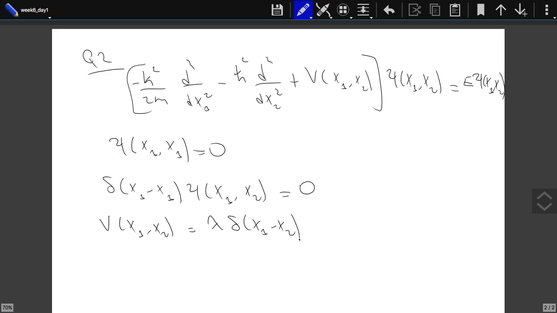This is a potential that the particles feel only when they are at the same point. Unless there's spin, or any other quantum number, they cannot be at the same point. So basically, they don't feel it.